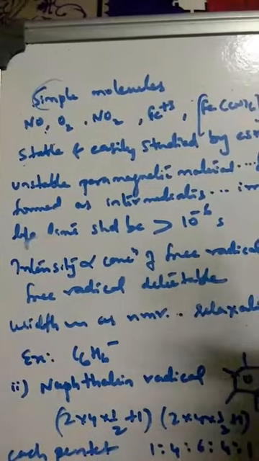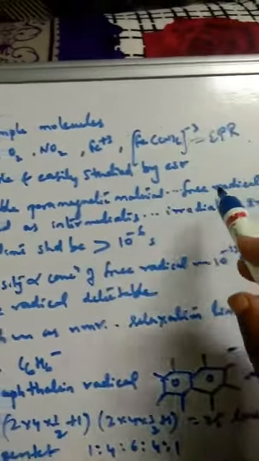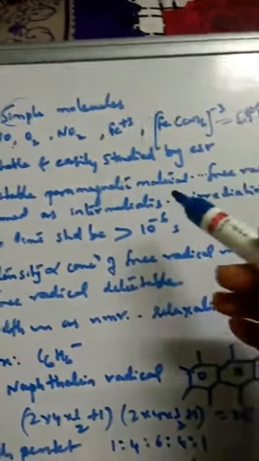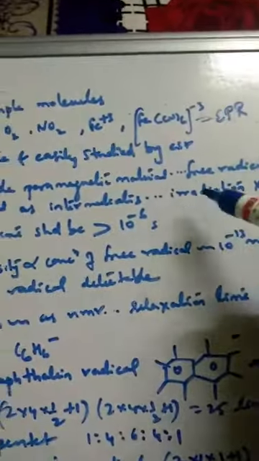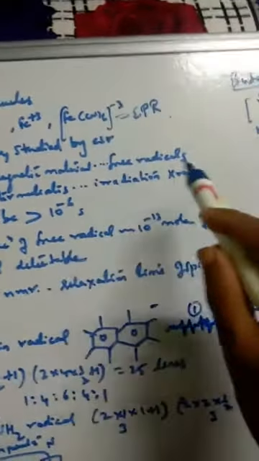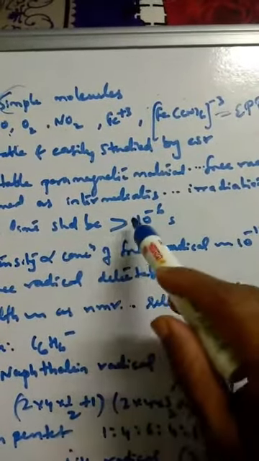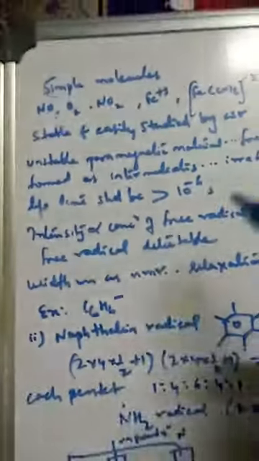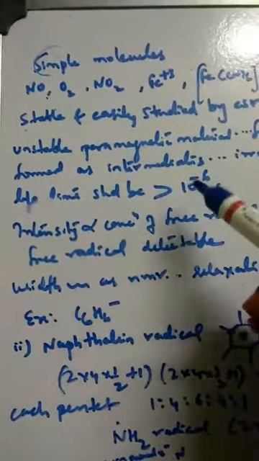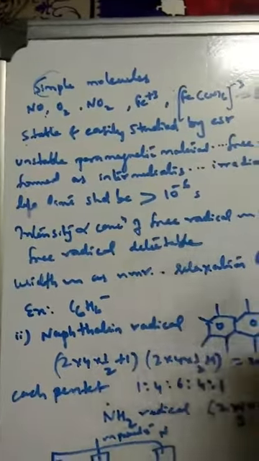These free radicals are generated, and such things can also be studied by EPR or ESR, but the lifetime should be greater than 10 to the power minus 6 seconds. Nowadays less than this can also be studied, but the favorable lifetime is greater than 10 to the power minus 6 seconds.